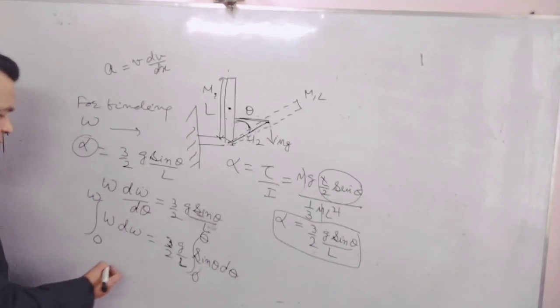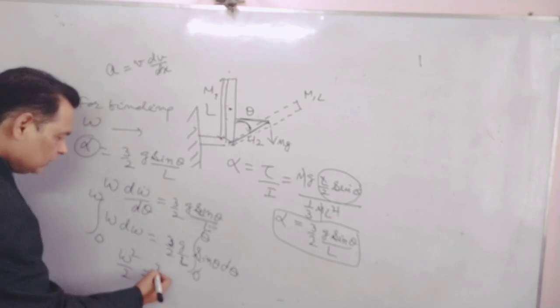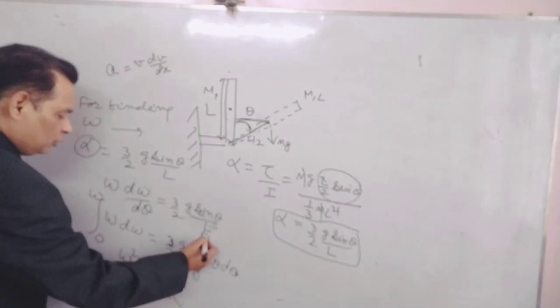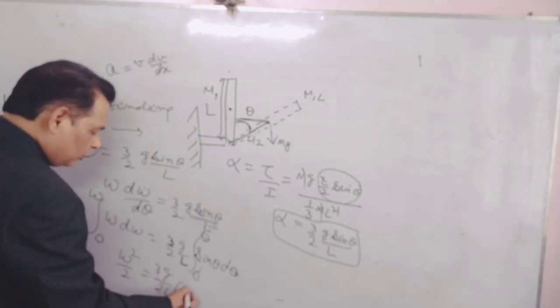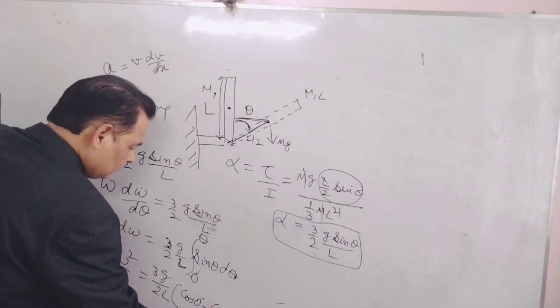You get omega squared by 2 equals 3g by 2L times the integral of sin theta, which is minus cos theta from 0 to theta, so cos 0 degree minus cos theta.